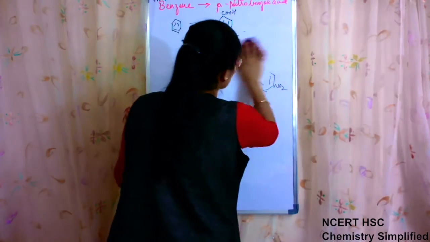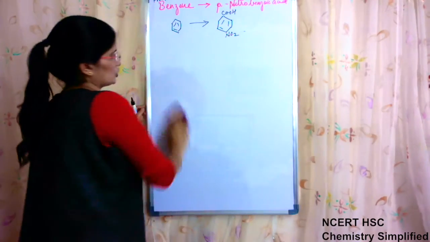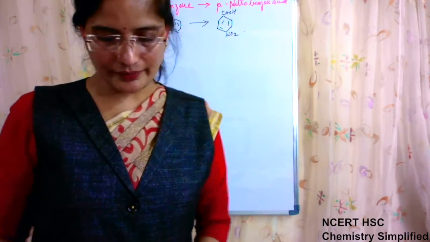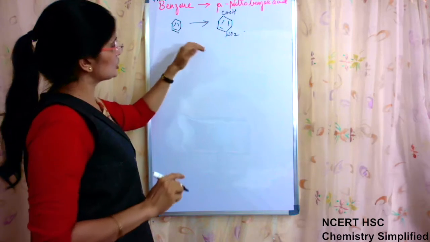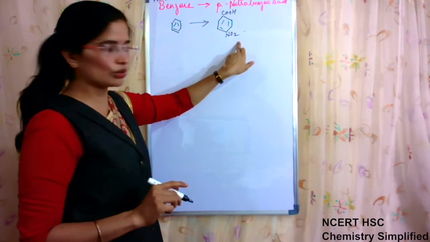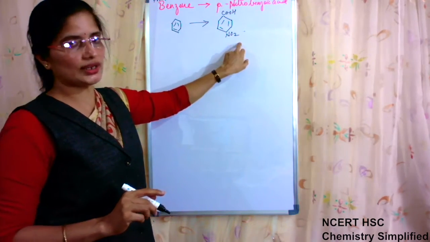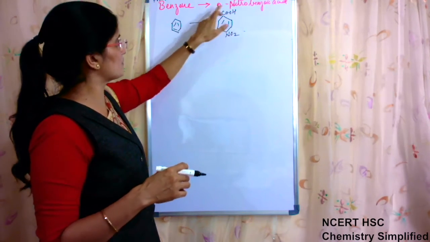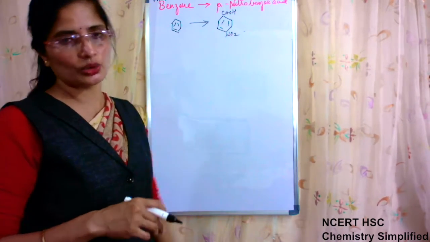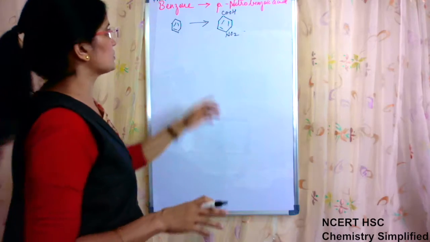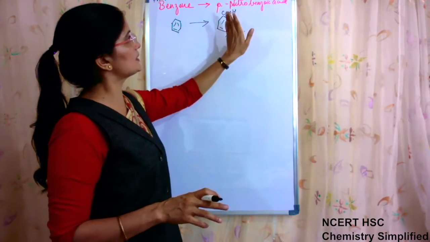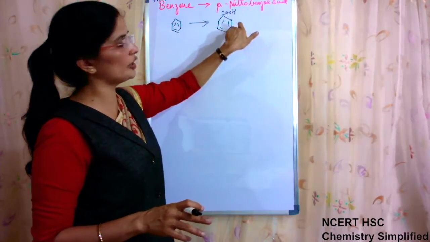So a little change will be there now in conversion. What change will be there? We want such a group which can introduce nitro group on para position, and then later on, whichever group is there can be converted into acid.